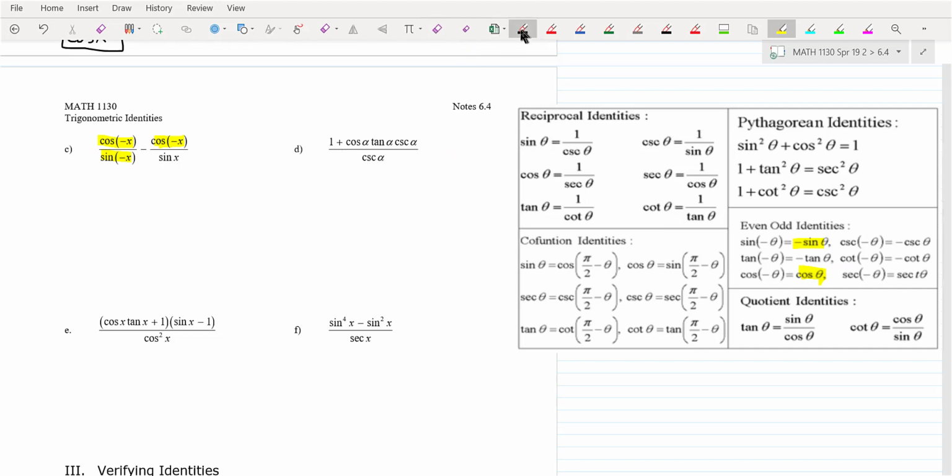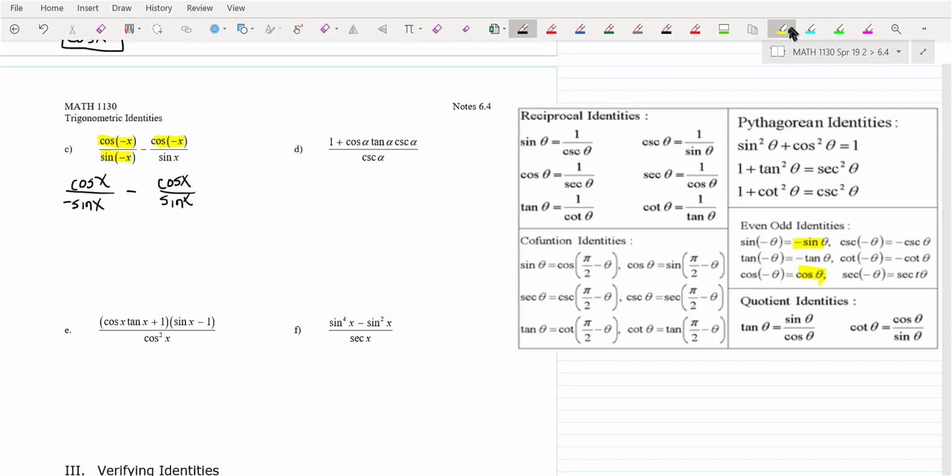Okay, and again, if you have it memorized, the way I like the students to memorize this is the two even functions are cosine and secant, so they'll end up just being positive, and then all the rest are odd, so they're going to have that negative in front of the trig function. So basically, we're going to change the cosine of negative x to cosine of x. We're going to change sine of negative x to negative sine x. Then we still have the subtraction symbol, and then the cosine of negative x is cosine x over sine x. They're just doing what those identities tell you to do, okay?